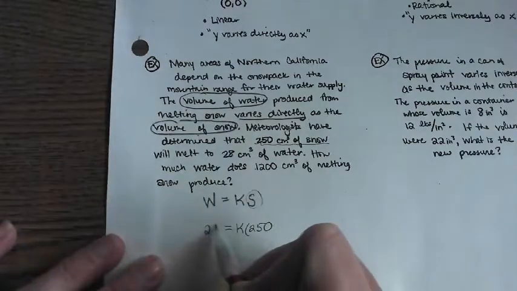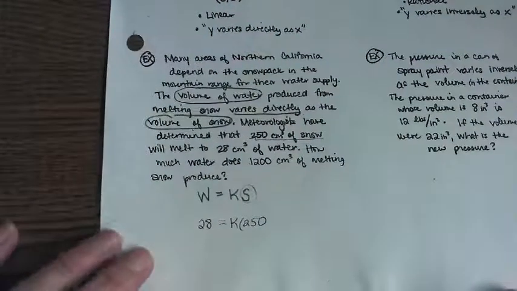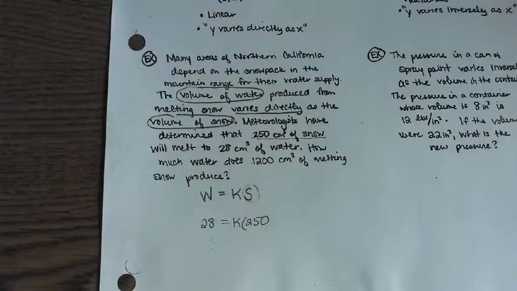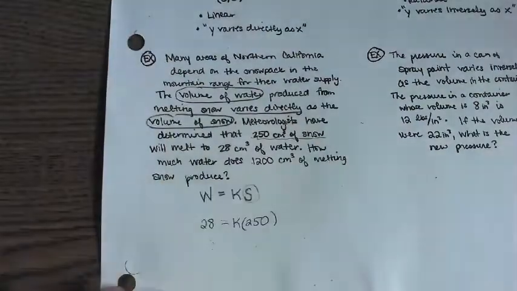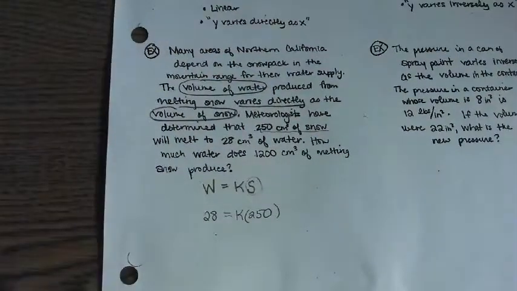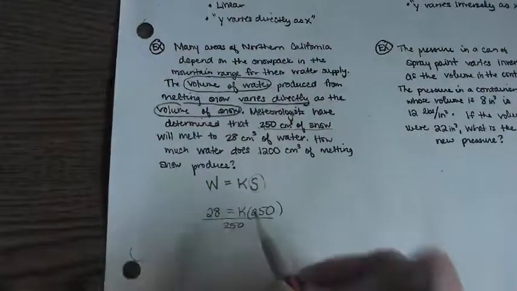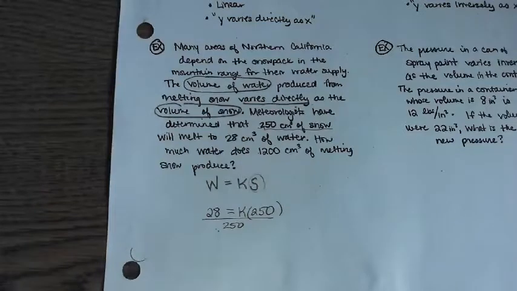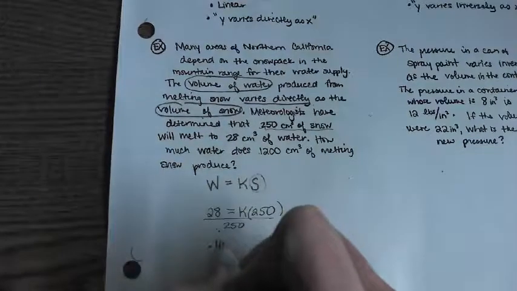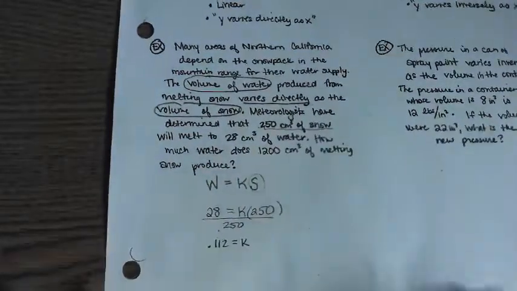This is funny, given the snow day we had on Friday and the amount of snow I snowblowed this morning. So we're going to use this to solve for k. We're going to divide both sides by 250. So 28 divided by 250 gives us 0.112 as our k value.